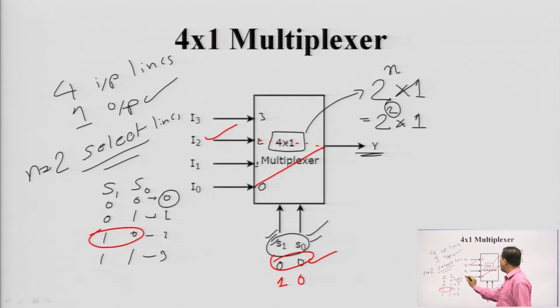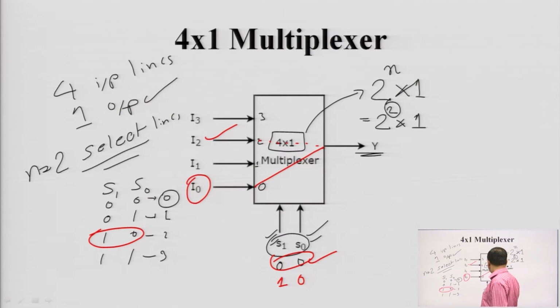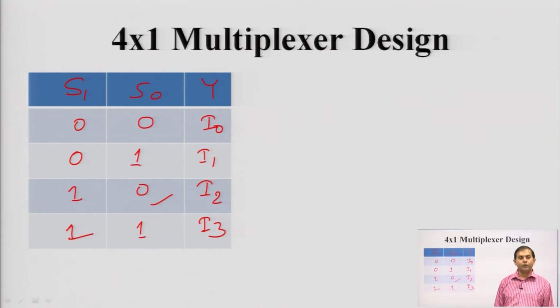So, y will be for I 0. Next, for 0 1, the output will be for I 1, so we will write here I 1. Similarly, for 1 0, the output will depend on input I 2, and for 1 1, the output will depend on I 3. I think this truth table is clear to you.